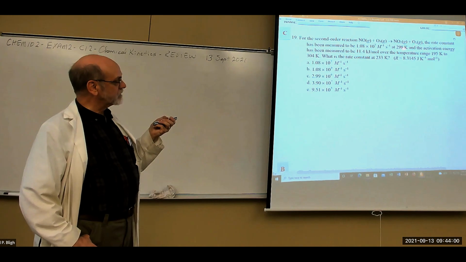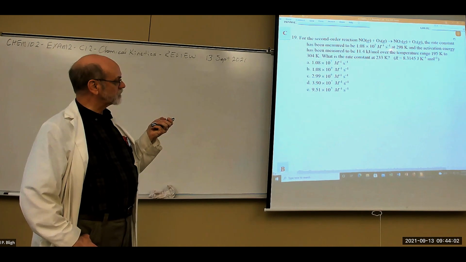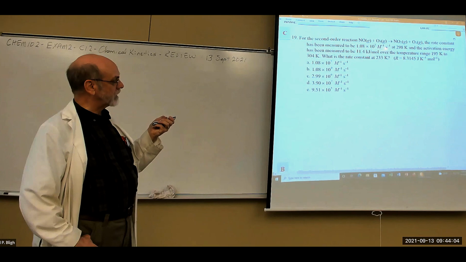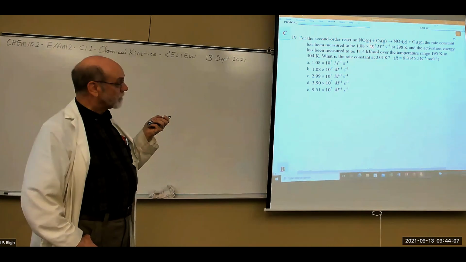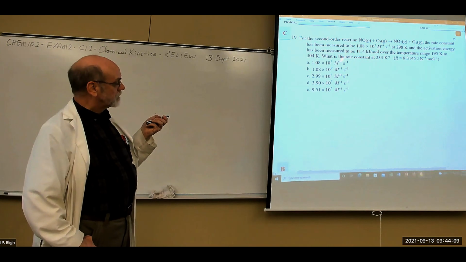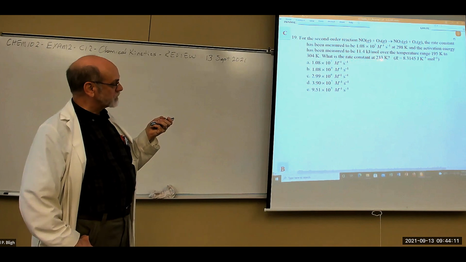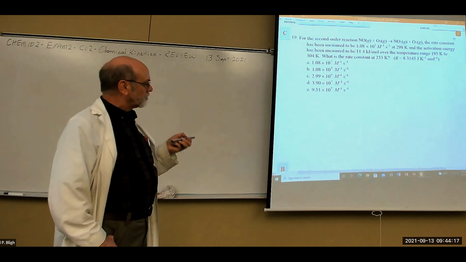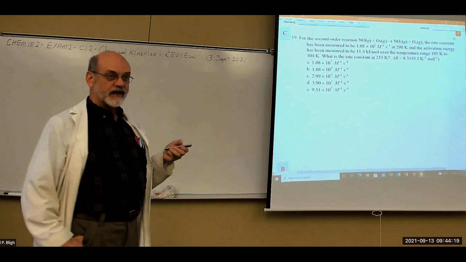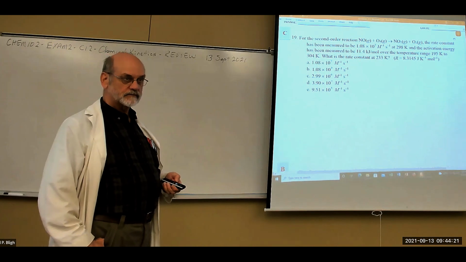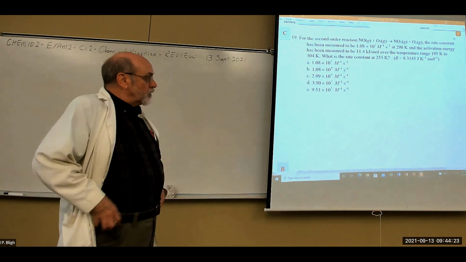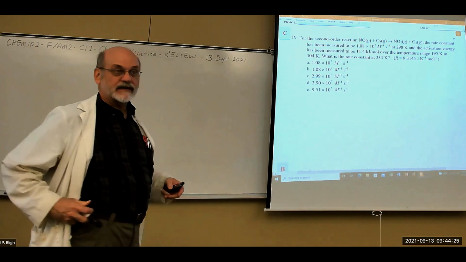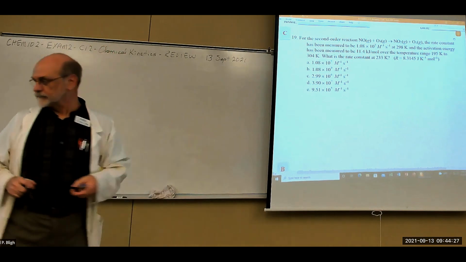Well, 298 is the initial temperature here for that K. And this is the new temperature, 233. So we're actually decreasing the temperature. And then you solve for the other K. So we use the same equation we did in 18 to solve this one.